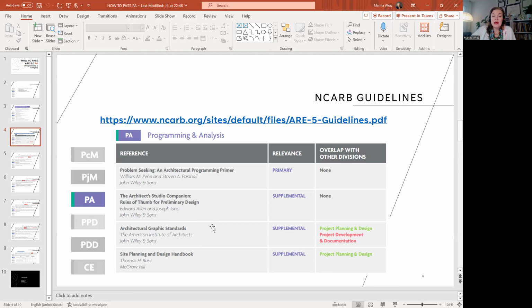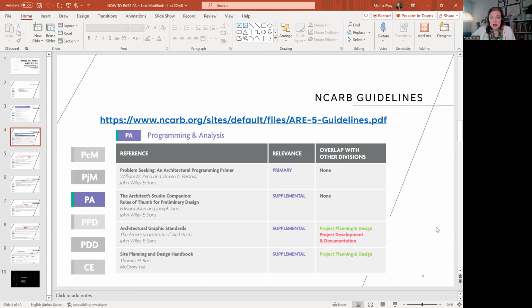Another one is the AGS, or Architectural Graphic Standards. I read this book cover to cover because this overlaps with the PPD and PDD as well. And this is a wonderful book with wonderful graphics. Some of the sections really are very close to what you may see in the exam.